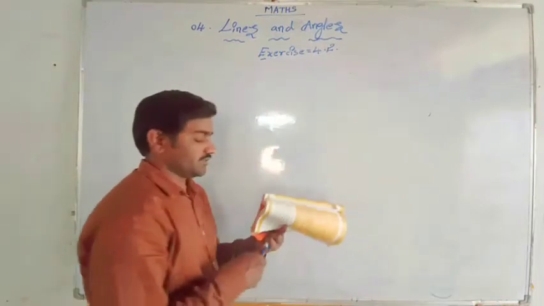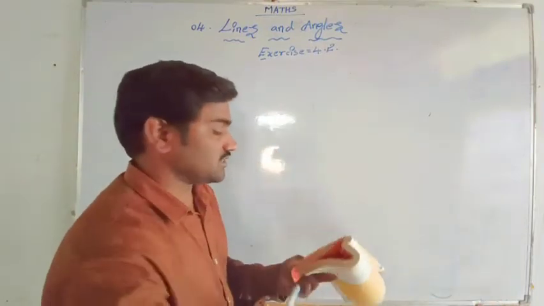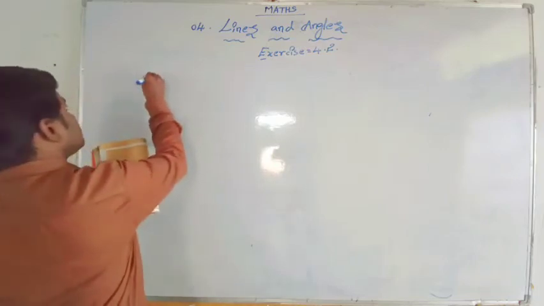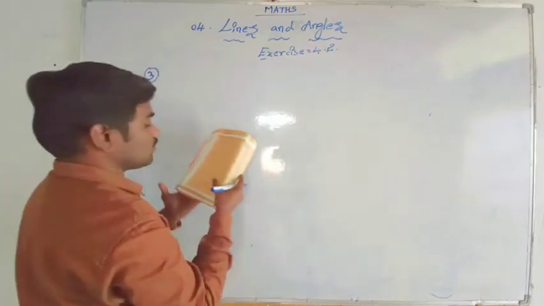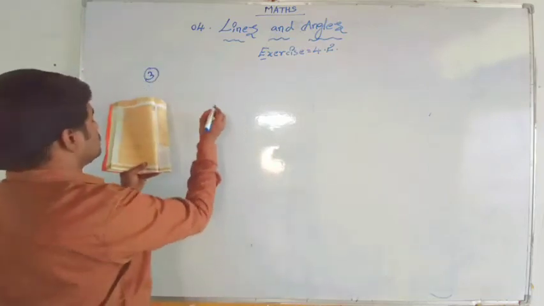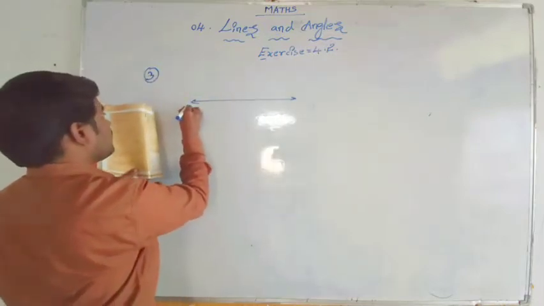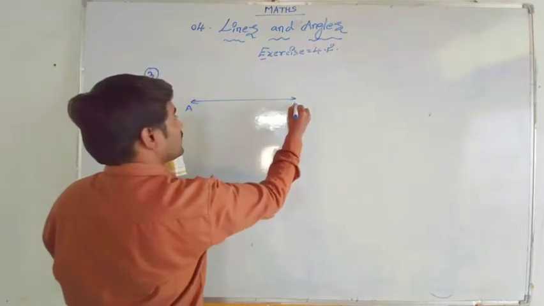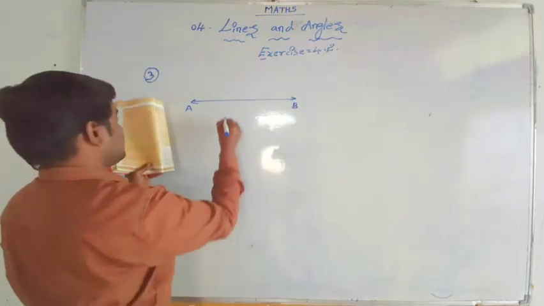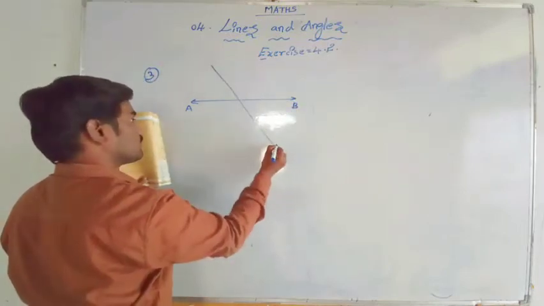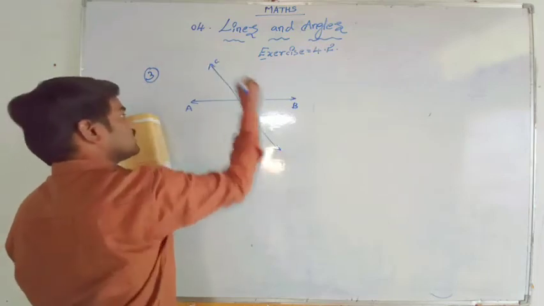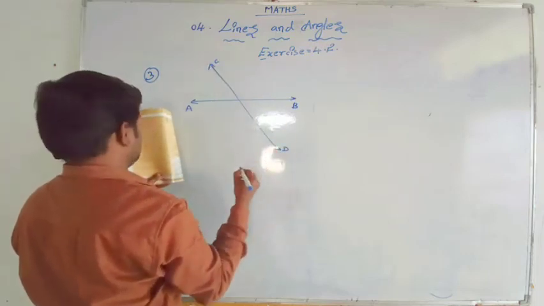Here is the third question. To understand these questions, I must draw a diagram here. If you have a textbook, that is even better. Here A and B: AB is a line and CD is another line.